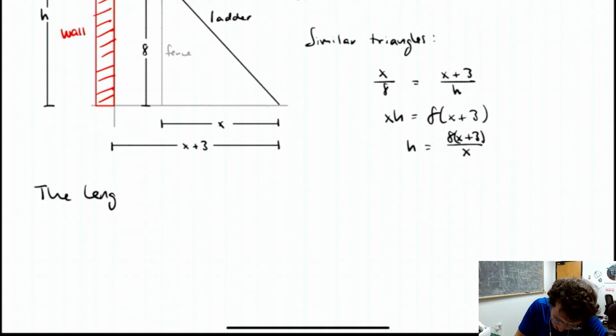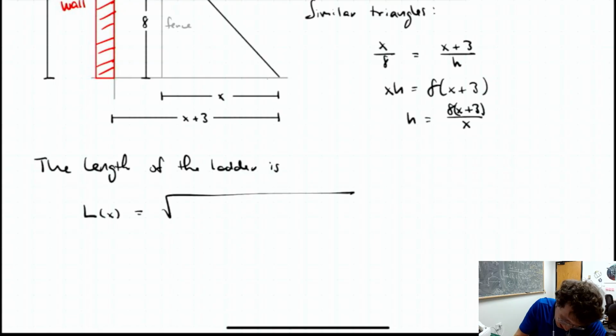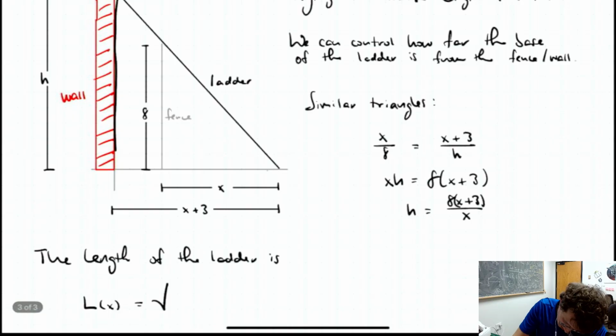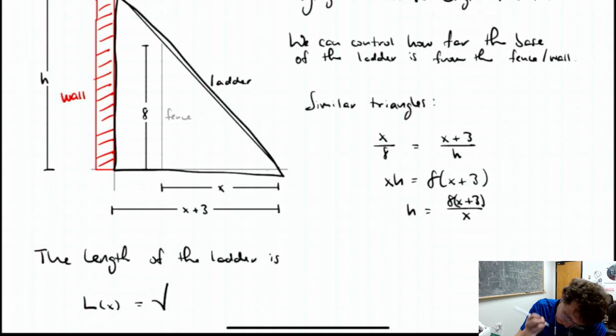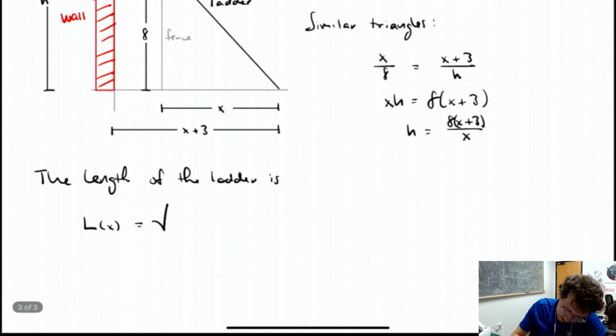Now that I know the height, why did I do that? It was because I thought that would be helpful in finding the length of the ladder. I'm going to call this L as a function of x, and it's the square root of, well, I'm looking at this triangle, so I have x plus 3 and h as the legs of that right triangle.